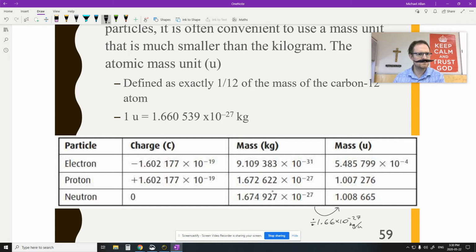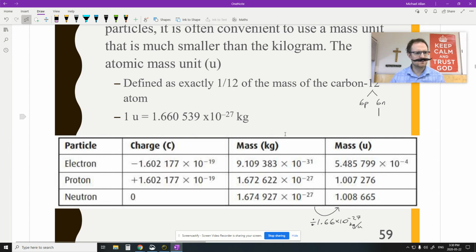So up here, this is 6 protons, 6 neutrons. The mass of these are different than if I just multiply these by 6 down here. That's weird. That is strange. We'll come back to that.